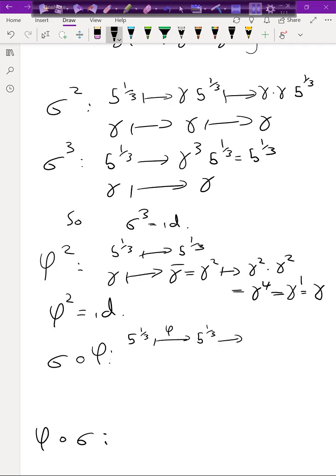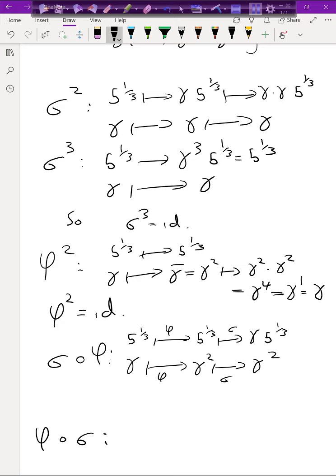And then the sigma part is going to send it to gamma times 5 to the 1/3. On the other hand, phi will send gamma to gamma squared, and sigma will just send gamma to itself, so it'll also send gamma squared to itself, so this will just be gamma squared. So sigma composed with phi is this.